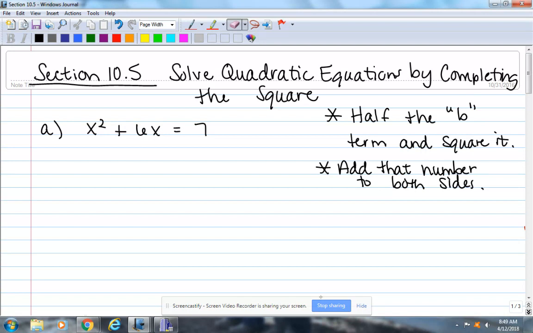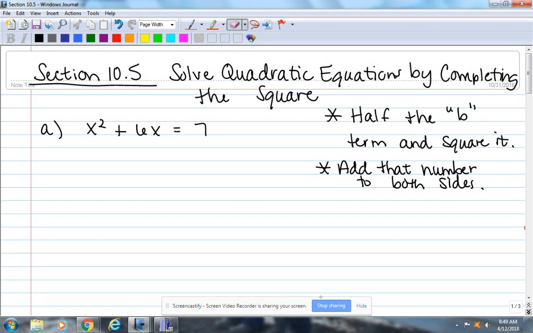Now, what you're going to do is put another C term on this side that makes a square polynomial. That's what complete the square does. It makes you have a polynomial square. So the way we get a perfect square polynomial over here is by these steps. You're going to half the b term.